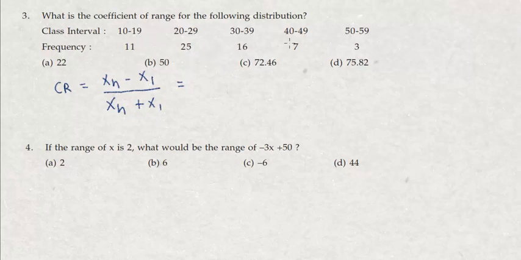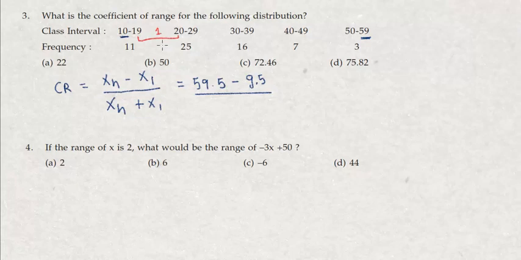So what we will do is add 0.5 to the highest observation here, so it will become 59.5, and deduct 0.5 from the lowest observation here, so it will become 9.5. You must be wondering why I have added 0.5 and why I have deducted 0.5. The difference between the higher limit of the first class and the lower limit of the next class is 1.